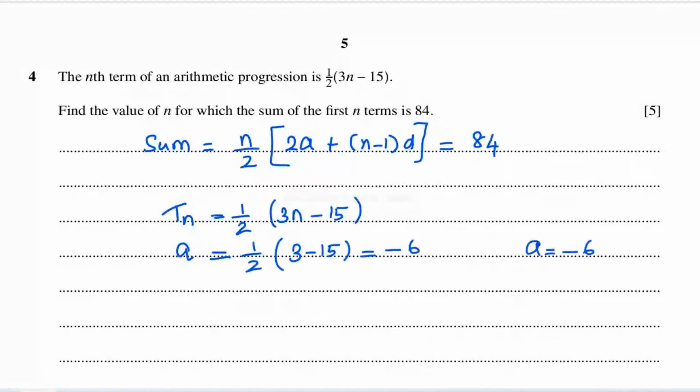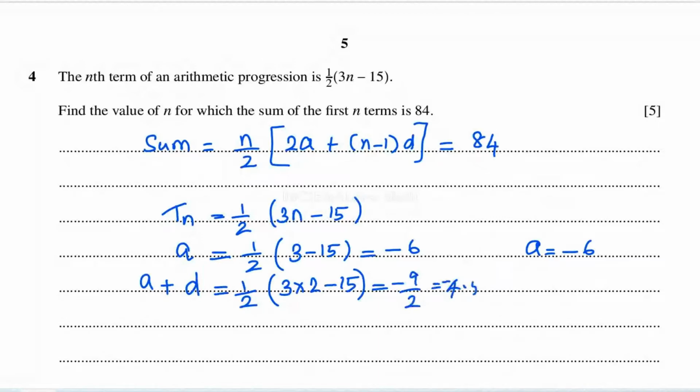And we know the second term is a plus d. So substitute n value as 2. 3 multiplied by 2 minus 15, which is equal to minus 9. Minus 9 over 2 is negative 4.5.